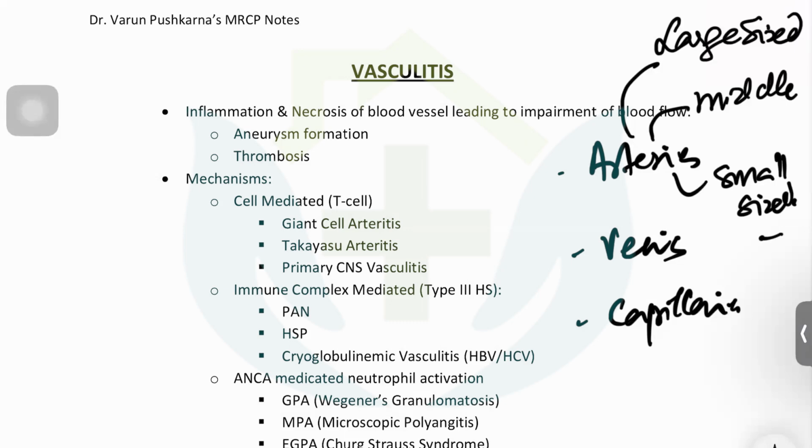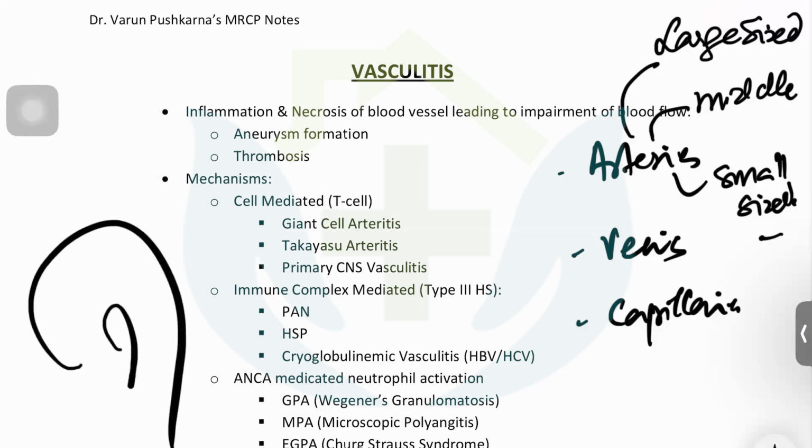So you can actually focus on who to treat, when to treat, how to treat, based on the involvement of these arteries. Why? Because if the aorta gets involved, then the patient can have aortic aneurysm, aortic regurgitation, aortitis, and these patients can die very fast. So you will not get maybe a week to treat these patients.